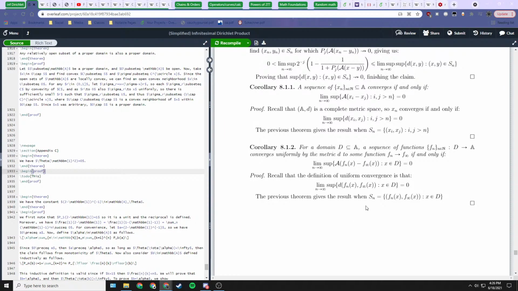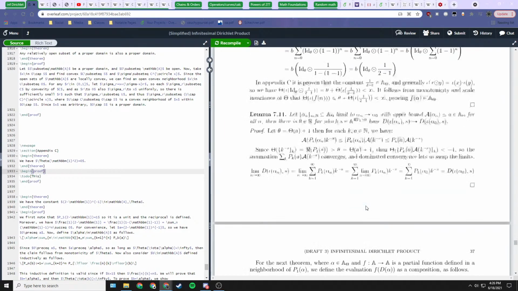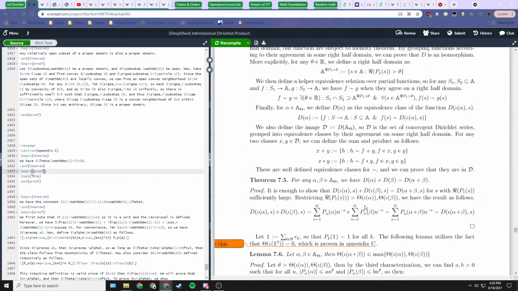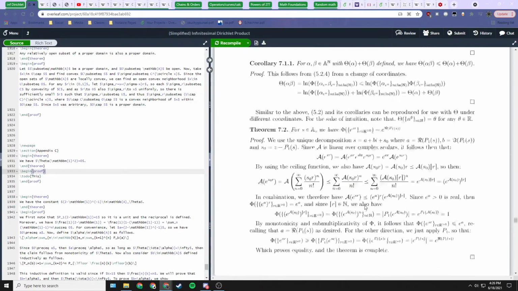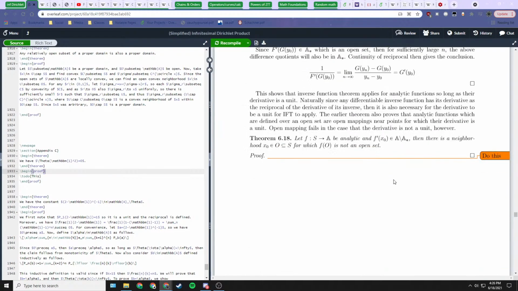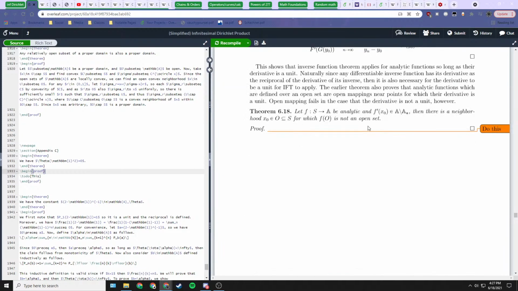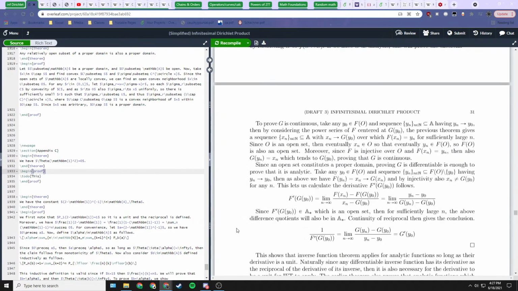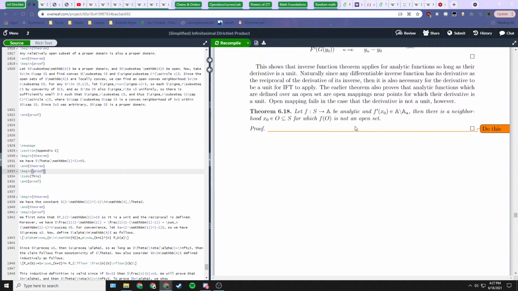Anyway, I'm going to call it there for today, actually. Next time we come back, we'll start on the last section. It's actually a pretty interesting section.